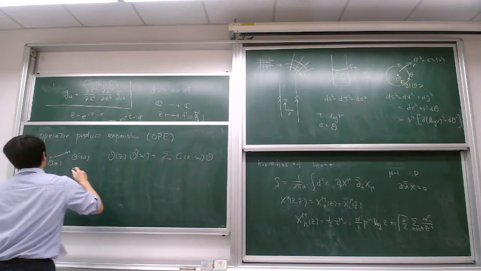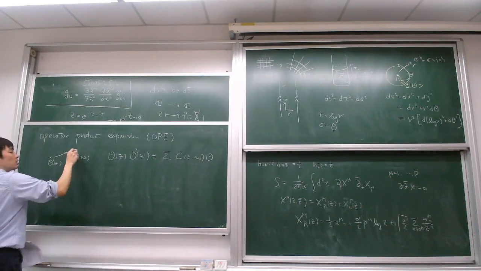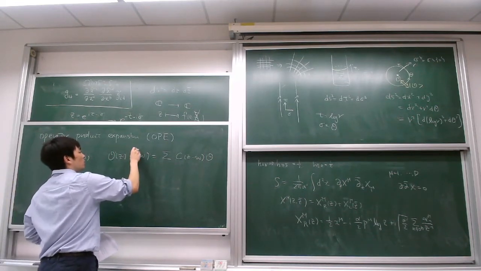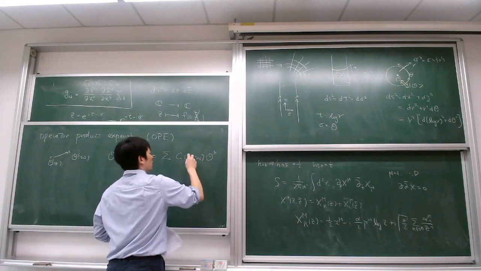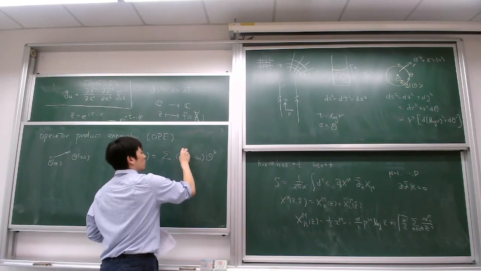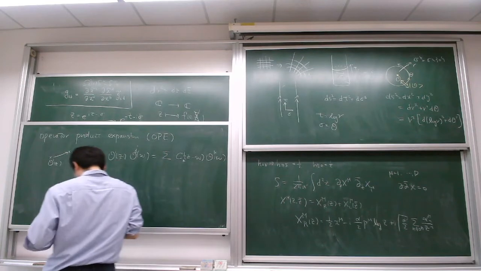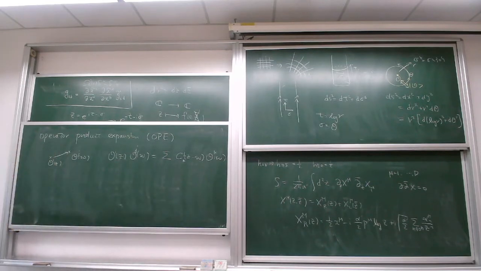Let's use I, J, and K instead of prime: O_I(z) O_J(w) goes to C_IJ^K(z - w) O_K(w). In the CFT, how the operators behave when one approaches the other is very important.